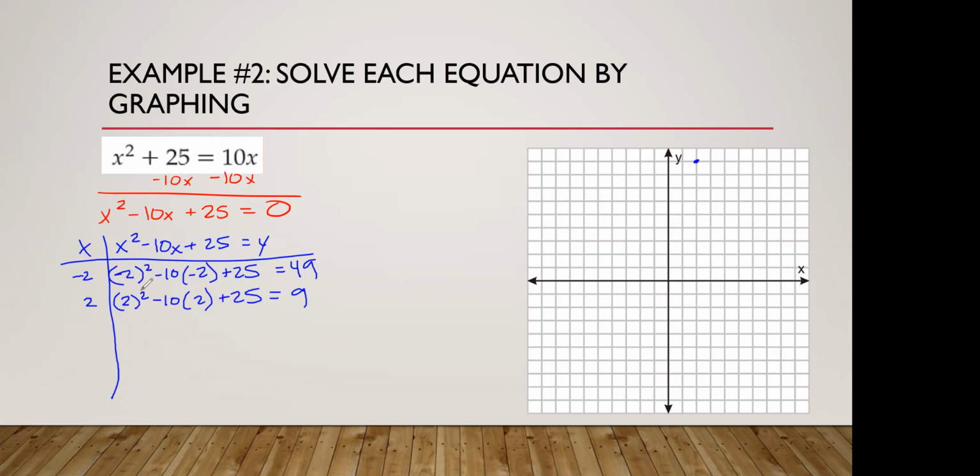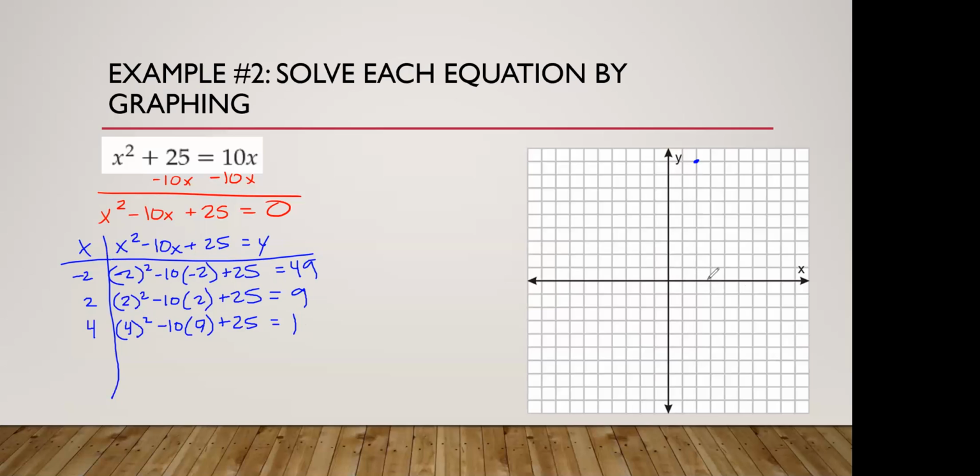Okay, so then I want to see what happens at positive 4. So I've got 4 squared minus 10 times 4 plus 25 equals, when I follow order of operations, I end up with 1.